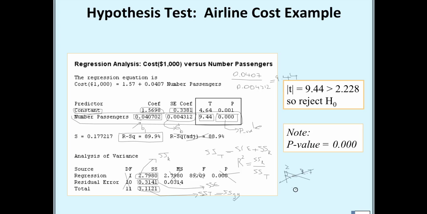R-square is 2.798 divided by 3.11. If you do the math, you get the same result that you get here, 89.9%. So the Excel outcome is very handy because you can extract a lot of things from there.